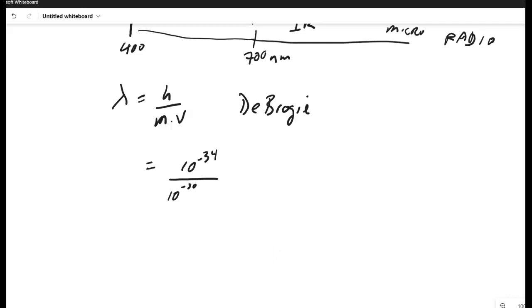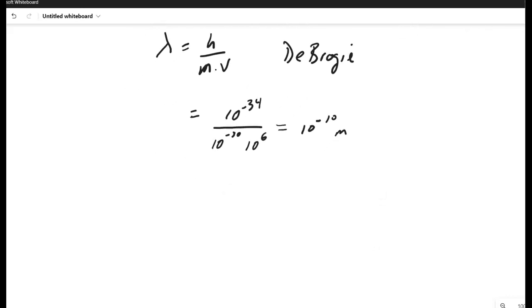And it's moving at about 10 to the 6 meters per second. So pretty much all we have to do here is take a look at these exponents. Negative 34 minus negative 30 is negative 4. And 10 to the negative 4 divided by 10 to the 6 is going to be about 10 to the minus 10 meters, approximately.